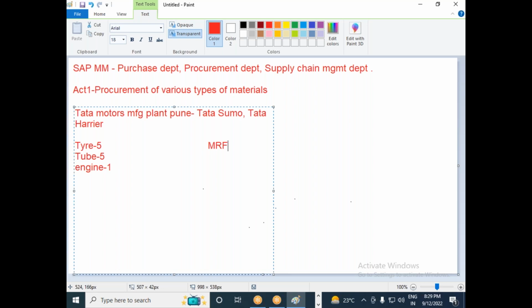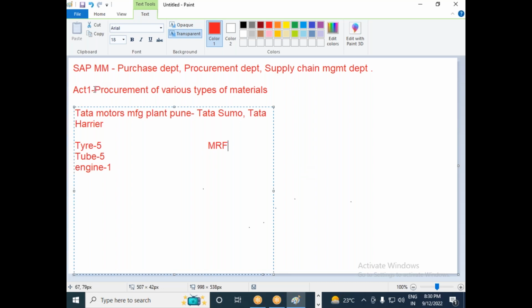If you go to a normal organization, the procurement activity will be done by using various business processes. Sometimes you are dealing with import vendors, sometimes with domestic vendors, etc. So your business scenario will differ from case to case. Those things we will be discussing in our coming sessions. But in this session, I am trying to just give you an understanding of what a procurement activity is and what the various types of transactions or materials are that are being procured by a purchasing department.